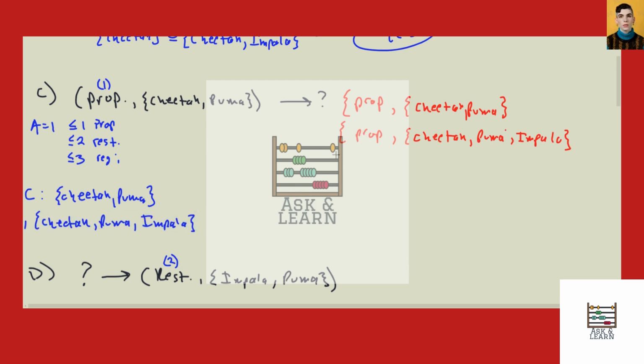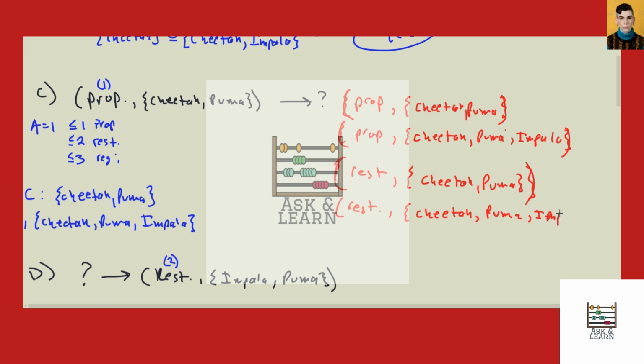Now we can go up one level to restricted. And so then we can pass this information to Cheetah, Puma. These should be points, not sets. All right. And then also for restricted, we can have the larger set: Cheetah, Puma, Impala.